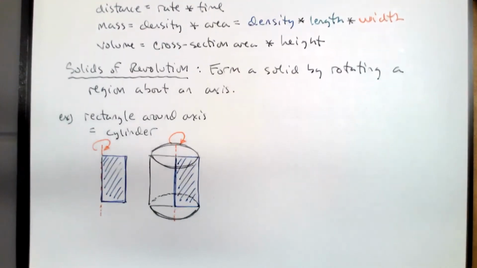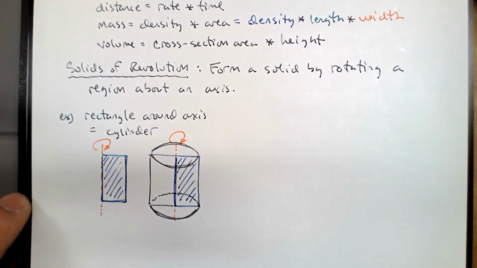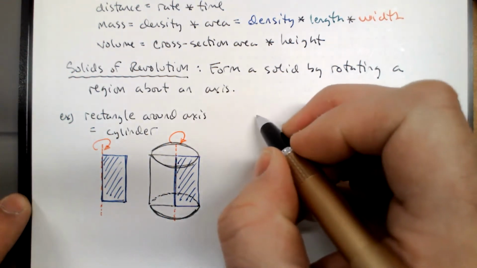So when we take that rectangle and rotate it about an axis, we end up making a cylinder. If I cut my rectangle down to a triangle, when we rotate it, we'll get a cone.